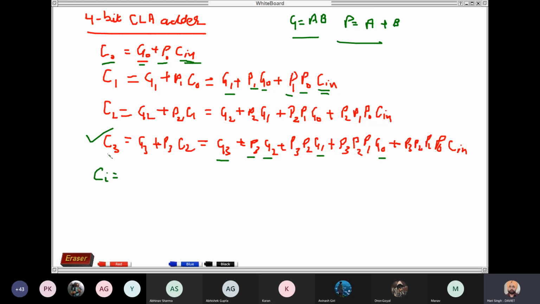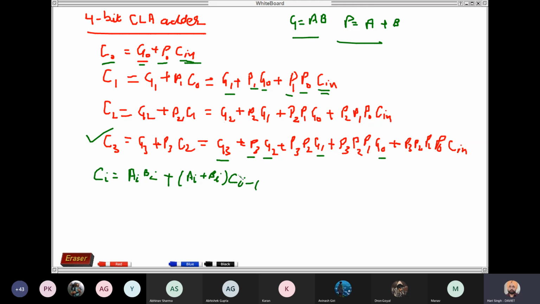It is Gi, that is Ai and Bi, plus (Ai or Bi) into Ci minus 1.